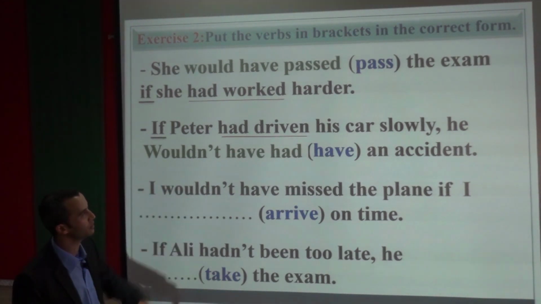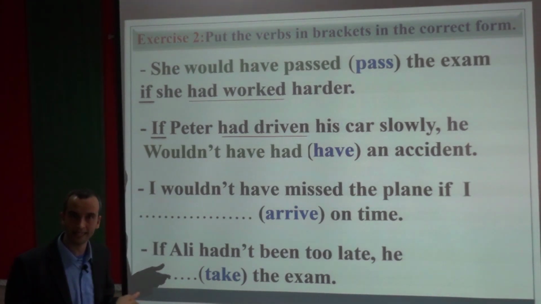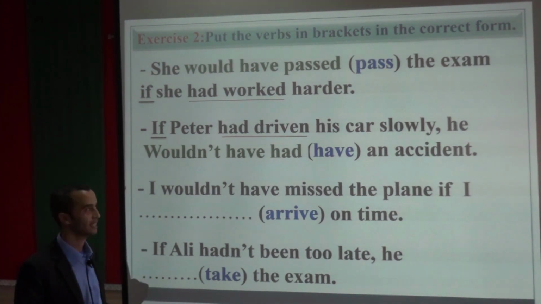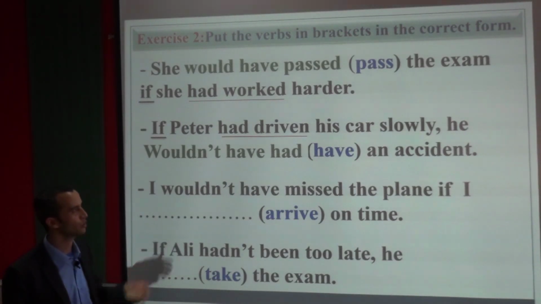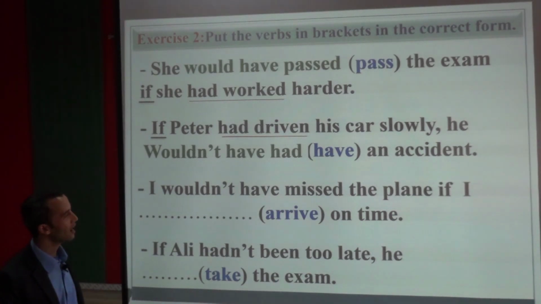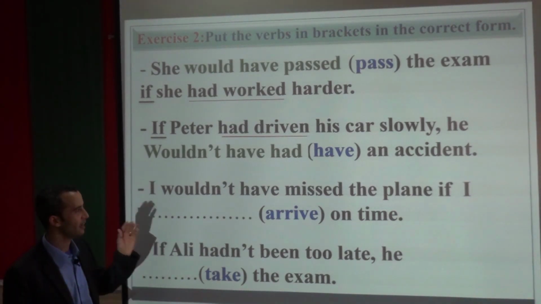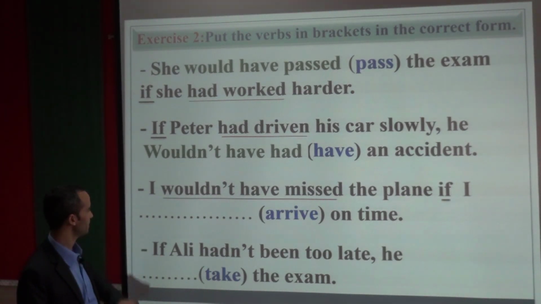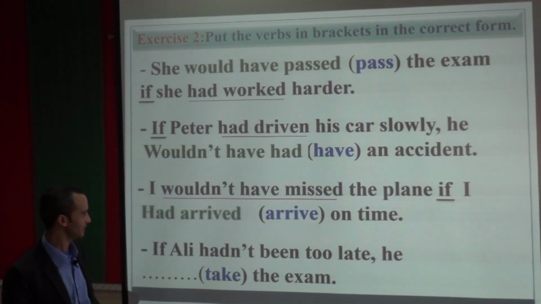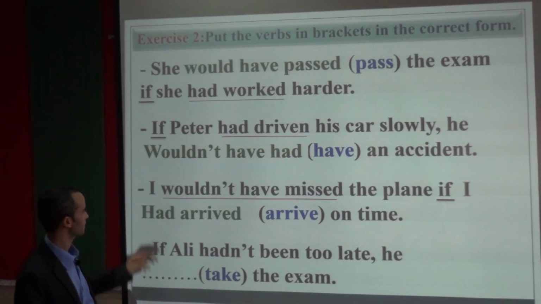So if Peter had driven his car slowly, he wouldn't have had a terrible accident or an accident. Okay? This is it. Next. I wouldn't have missed the plane if I on time. Great. So here we have if I had arrived on time. Okay, past perfect. Why? Because of this.